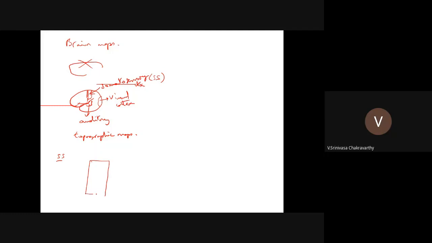The head part of your body surface is mapped here. So that is the head. I'm not a great artist, so please bear with me. Then this is the trunk, and hands go here, and fingers go here. And then legs. Actually, the foot part is very big.